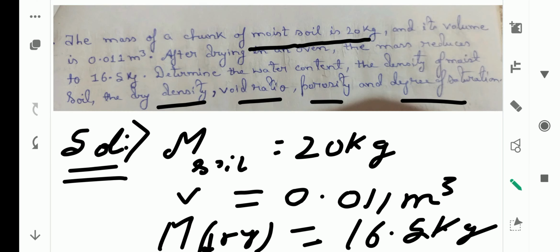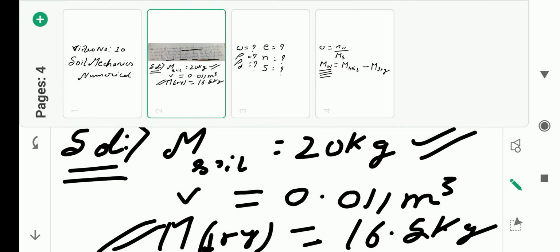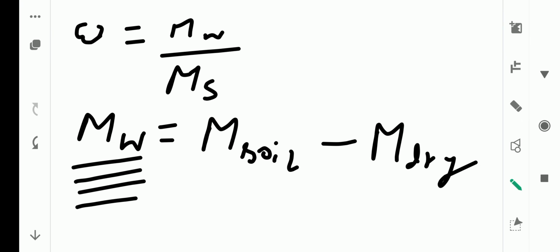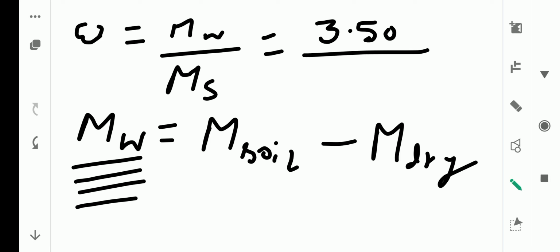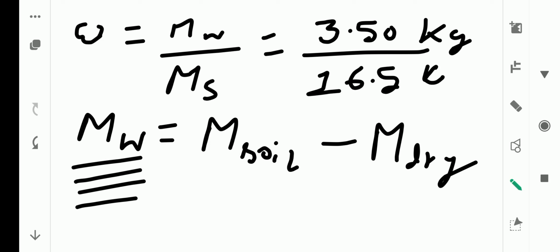Mass of moist soil is 20 kg and mass of dry soil is 16.5 kg. Hence mass of water is 20 minus 16.5, that is 3.50 kg, correct? Now what is the mass of solids? The mass of the dry soil is the mass of the solids, hence it is 16.5 kg.